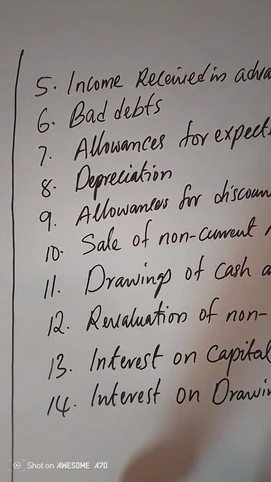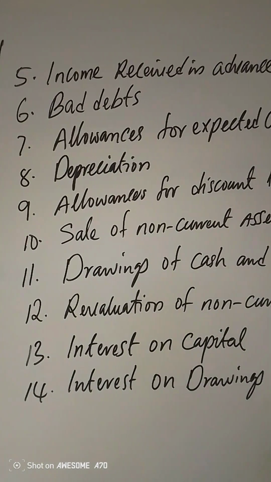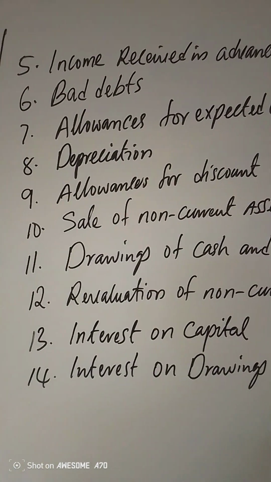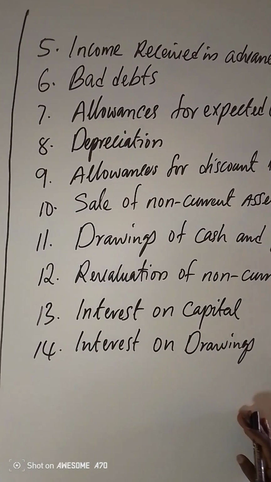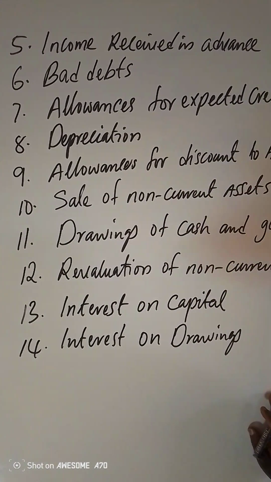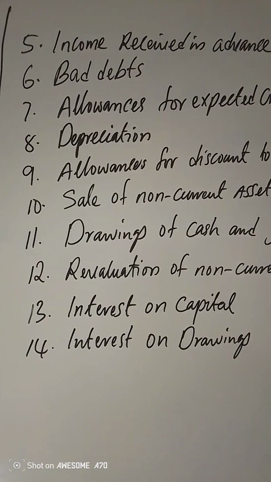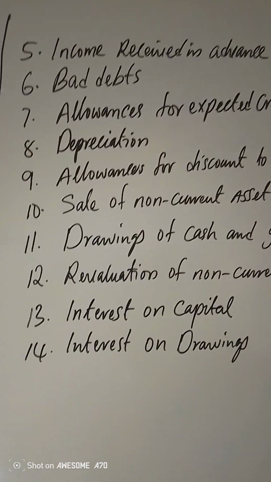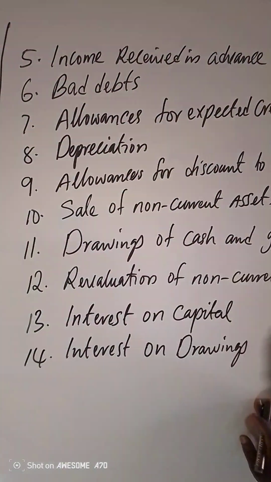The next one is what is called bad debts. What is bad debts? Bad debts, or bad debts written off, as the case may be, refers to the amount of money that is supposed to be received from debtors, that is, from customers or accounts receivable, but the amount has not been received to the extent that the debtor cannot pay the debts again.